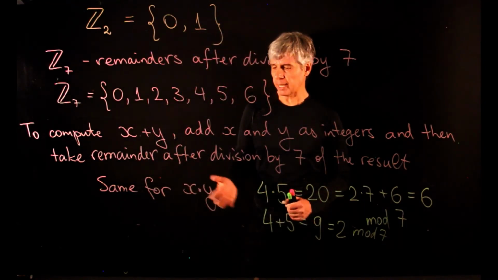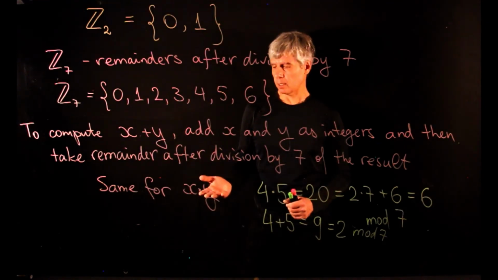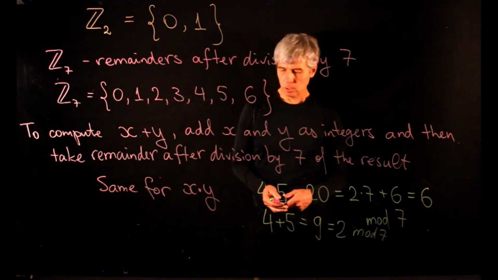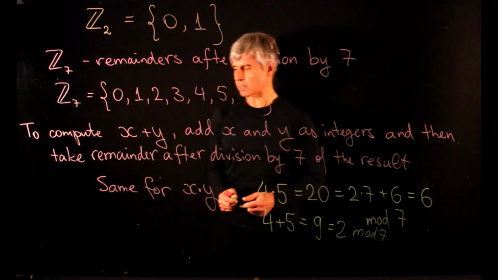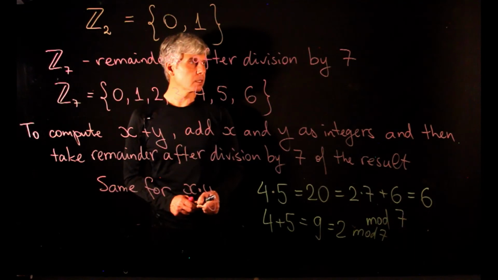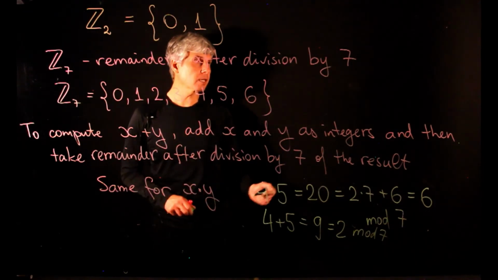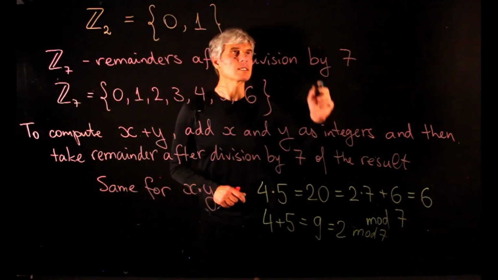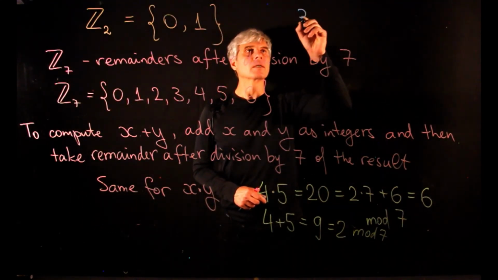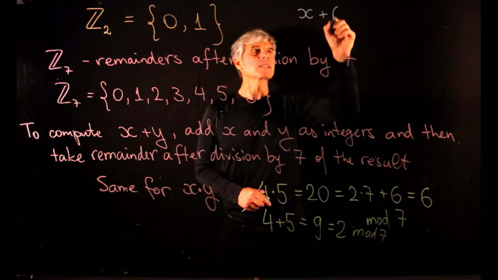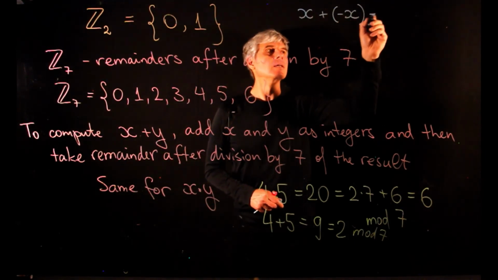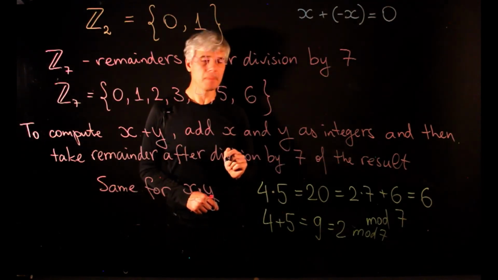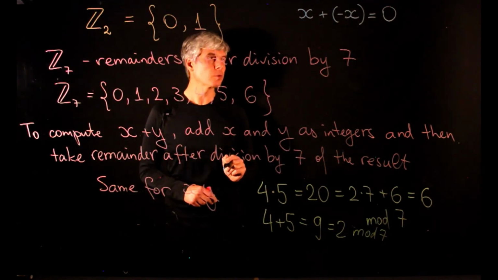So do we have the additive opposites and multiplicative inverses? With additive opposites, the question is fairly easy to settle, right? So what is the axiom of the opposite? We must have that x plus negative x is equal to 0, right?